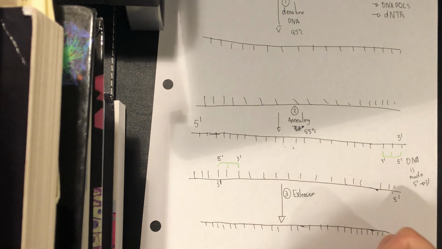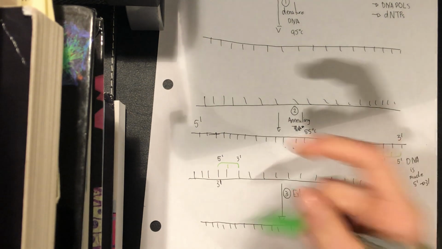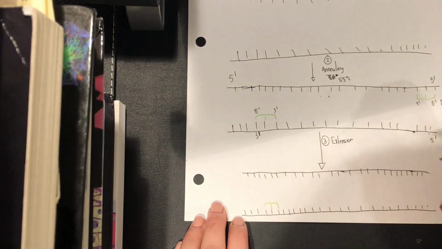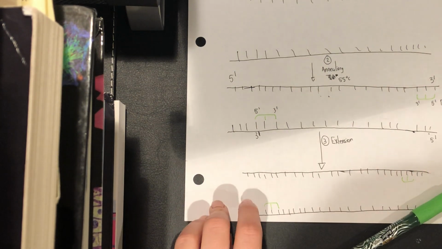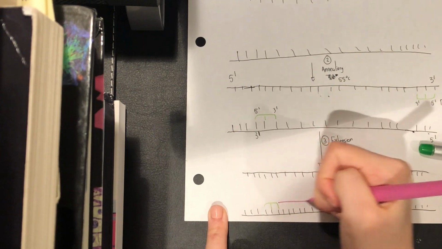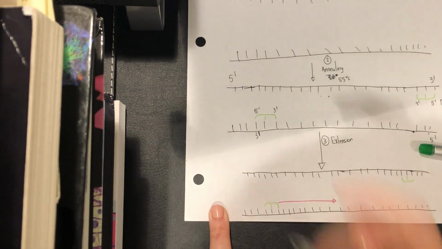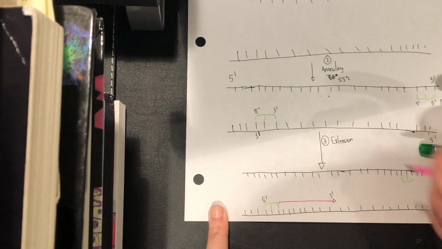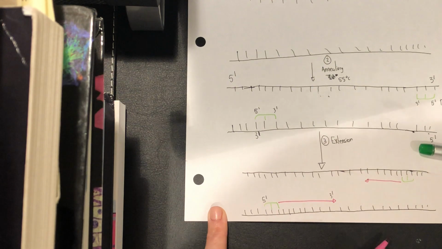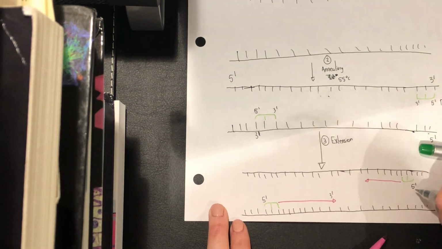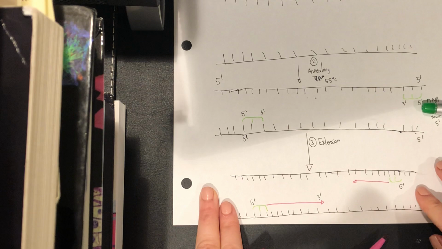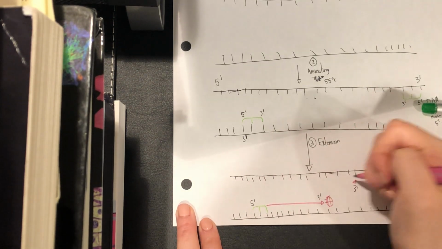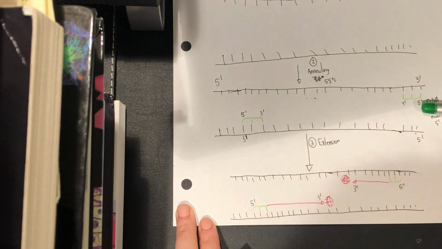So if this was your DNA as before, and here's your primers, DNA polymerase is now going to be going in that direction because we established before that this was our 5' and this is the growing 3' end. And then same thing here, because this was your 5' end of your primer, your DNA polymerase is going to be extending your 3' end.